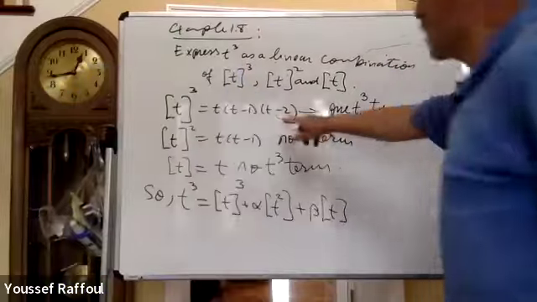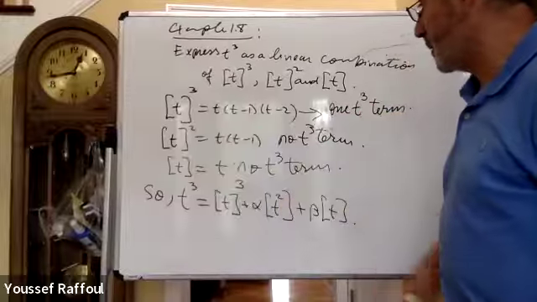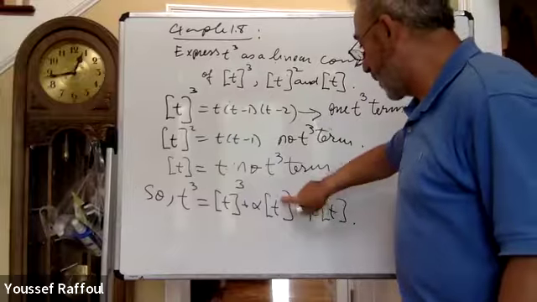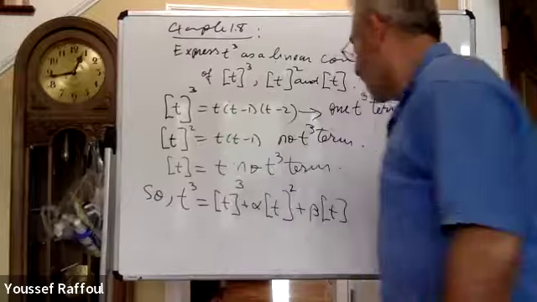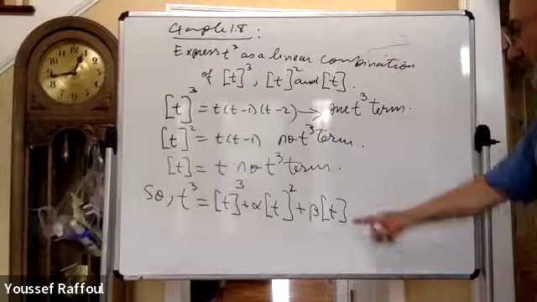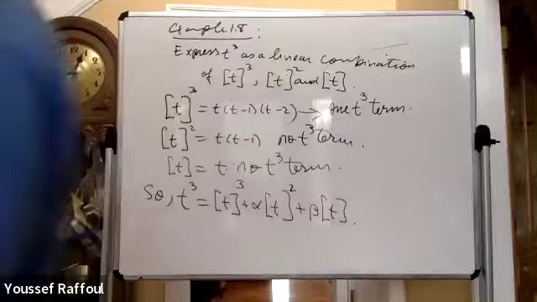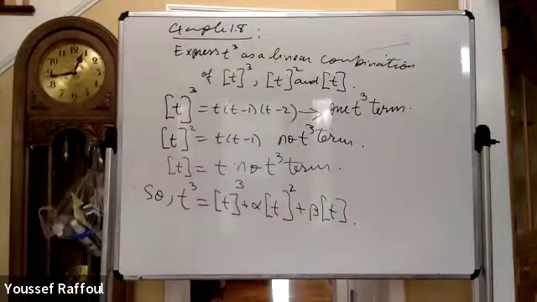Why? Because there are more than one t squared term and more than one t term. Okay?